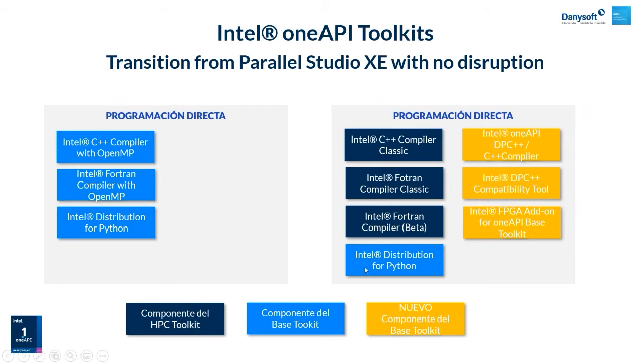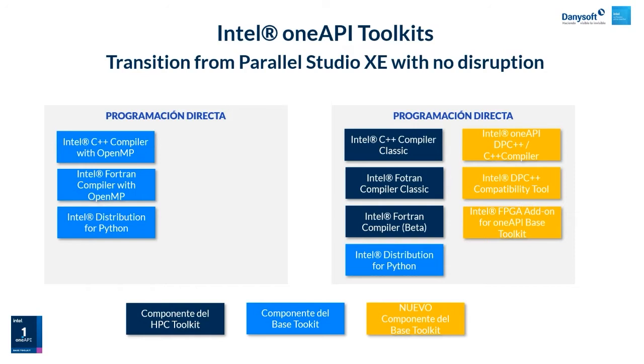In clear blue, the components that will be available in the base toolkit, and in orange we can see the new components. In this area of direct programming, we will have all the compilers that we have now with the C++ compiler and Fortran and the distribution of Python.